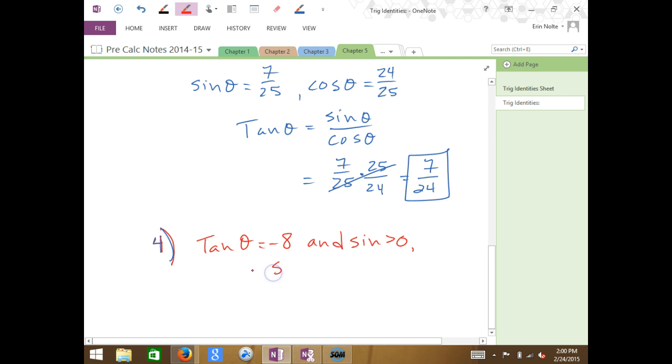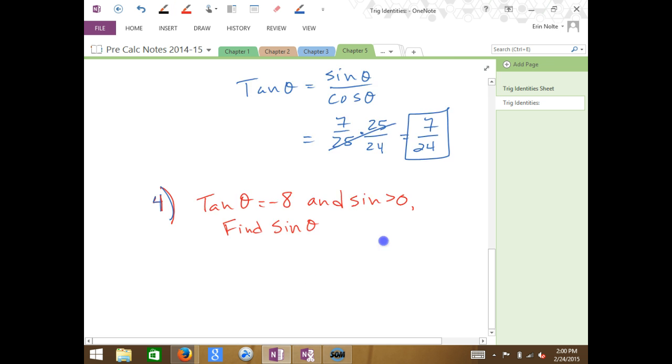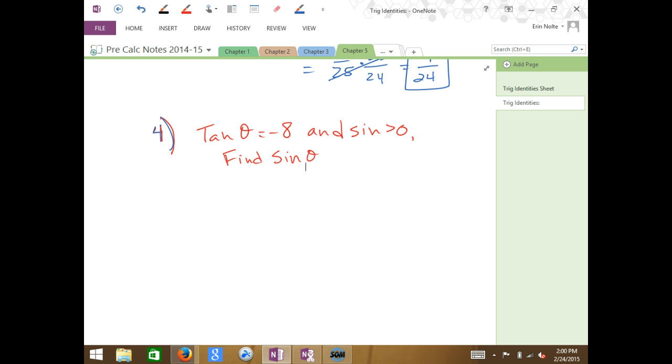So let's see if we can find the sine. Okay, so I told you that we're going to use a Pythagorean identity. If you look at the 3 Pythagorean identities, which one involves a tangent? The second one.